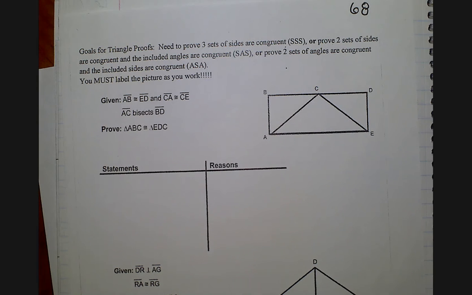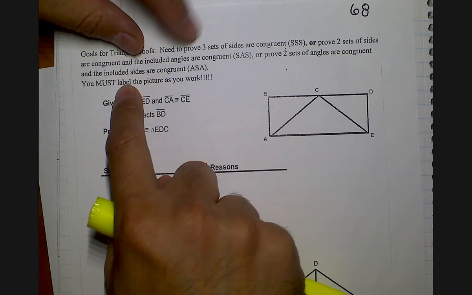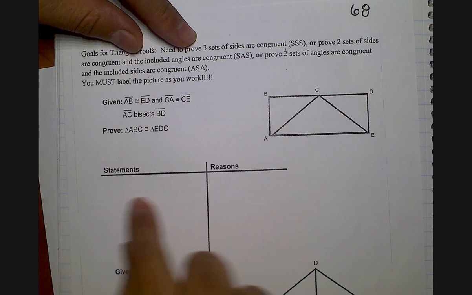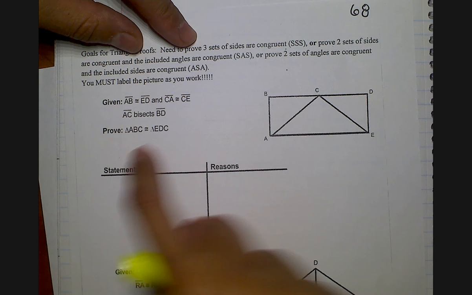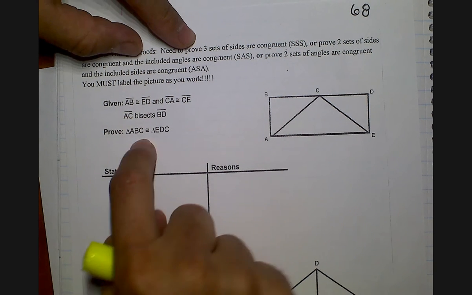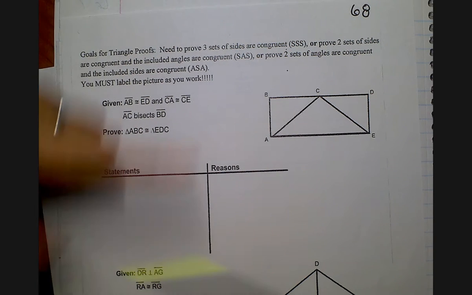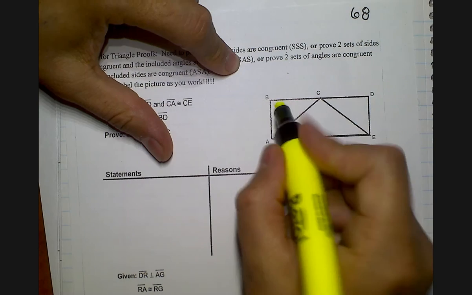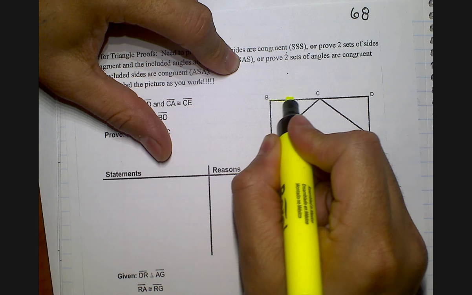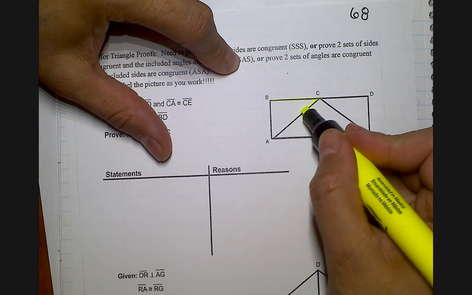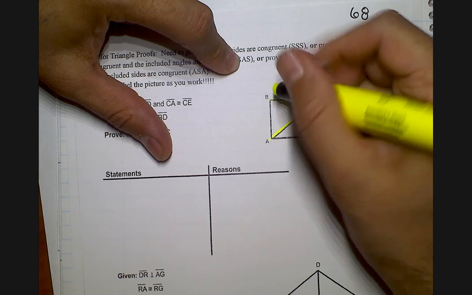Now, what you're going to do is on this one, you must label the picture as you work. So you guys are going to do the 2 column proofs for this. We're proving that triangles are congruent. We're trying to prove that this triangle ABC, right here, is going to be congruent to this triangle right here.